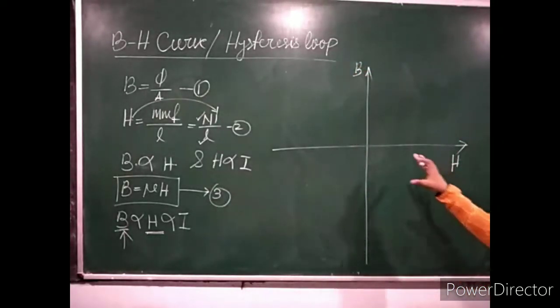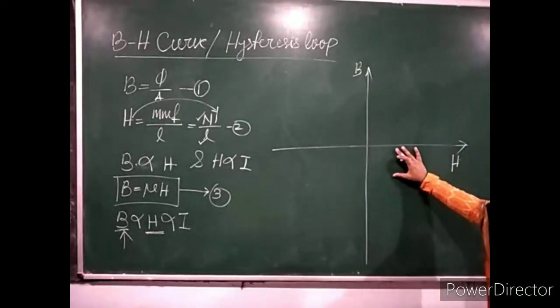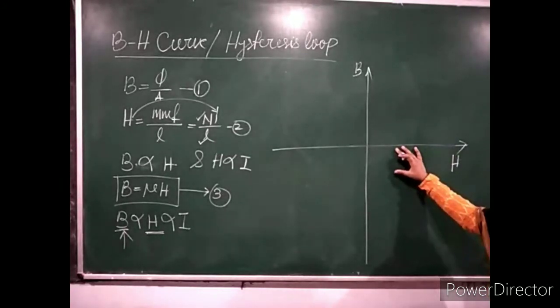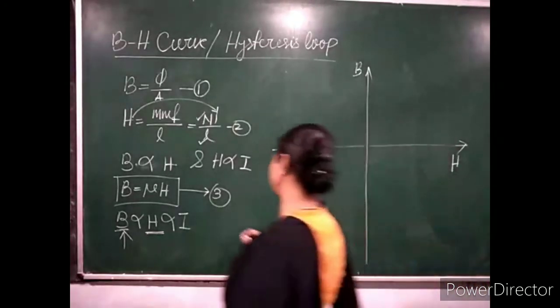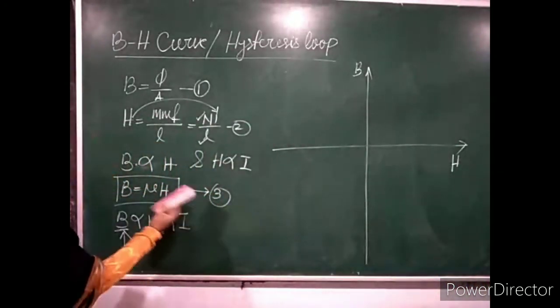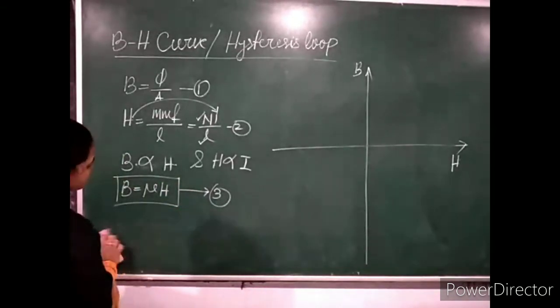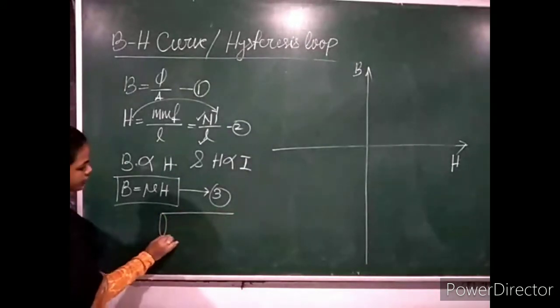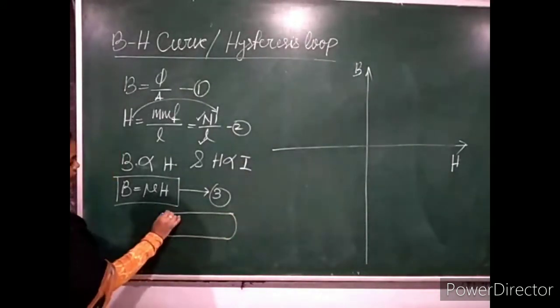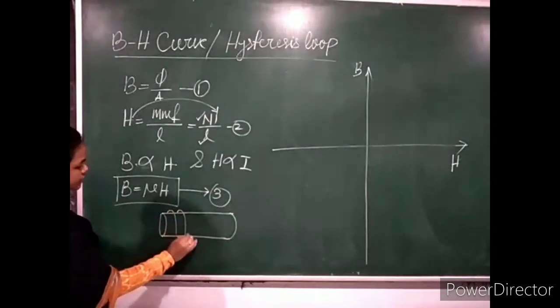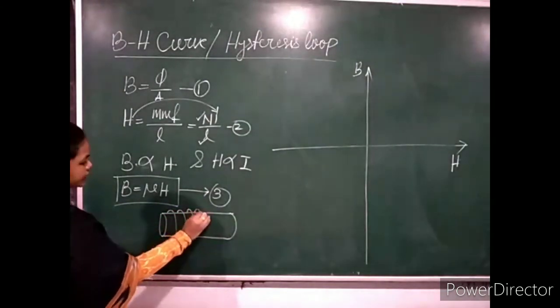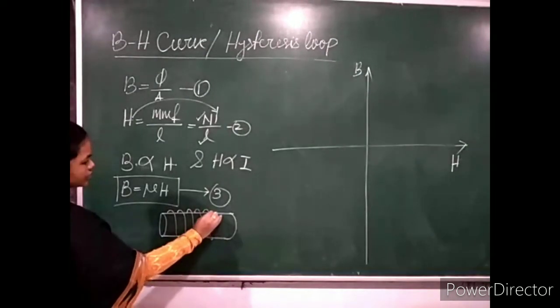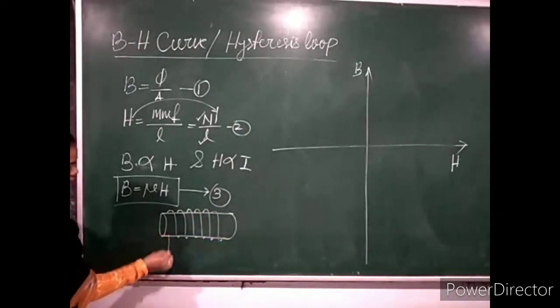Here, for deriving the relationship between B and H through a graph, we take an example of a solenoid consisting of n number of turns. Suppose this is a solenoid. I take a solenoid and it consists of n number of turns wound on it.